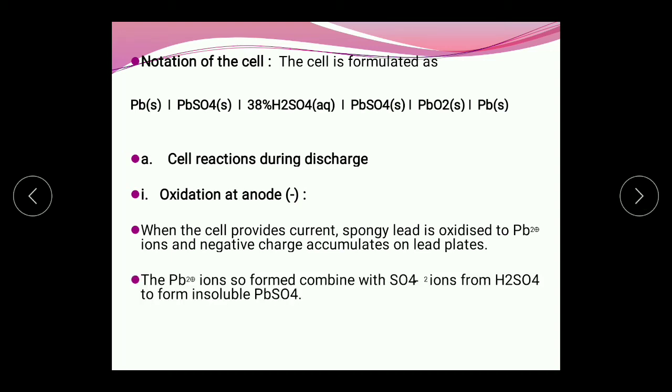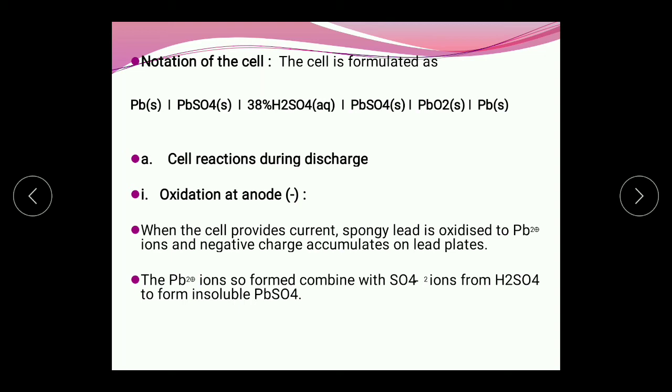These Pb plus 2 ions, when they go into the solution, combine with sulfate ions, that means SO4 minus 2 ions, to form insoluble lead sulfate. SO4 minus 2 ions, from where do they come? H2SO4 we are using as an electrolyte and it is in aqueous state.